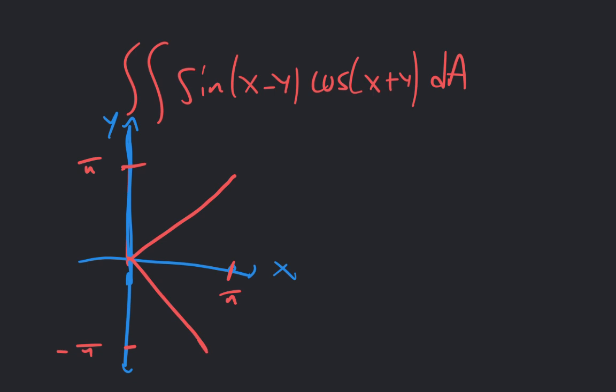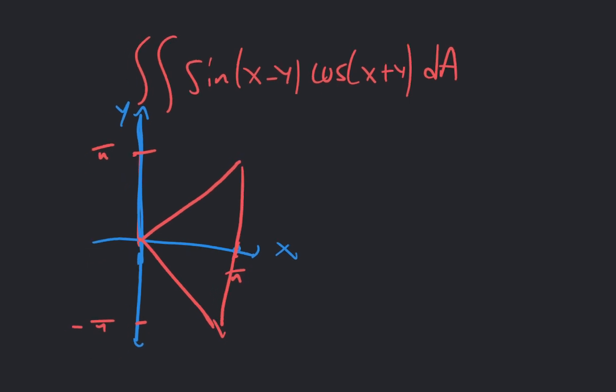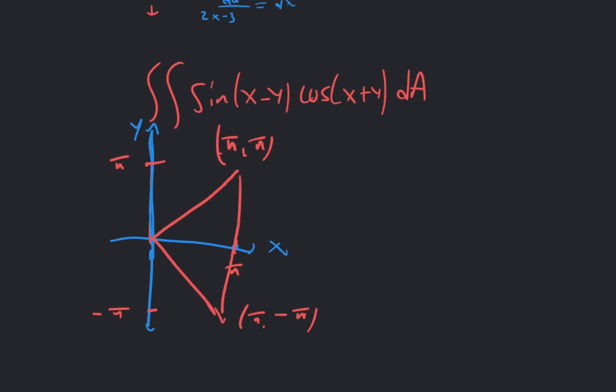It's this way, not the other way. This way. Okay, so we're going 0 to pi, and 0 to pi, negative pi. So pi, negative pi, and pi. And we're going to call this region R, and we're going to transform.